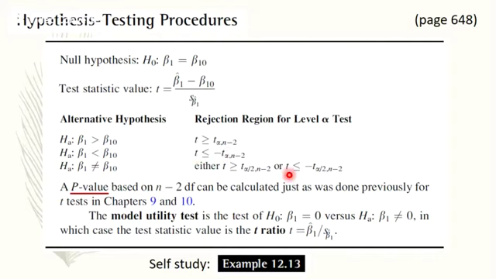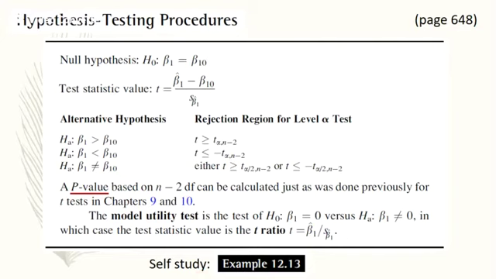And then for the two-sided one, you take your test statistic. If you have a negative test statistic, find how much probability is to the left of that test statistic, and then you double it. If you get a positive t-value, then you find how much probability is to the right of that test statistic value, and then you double it.